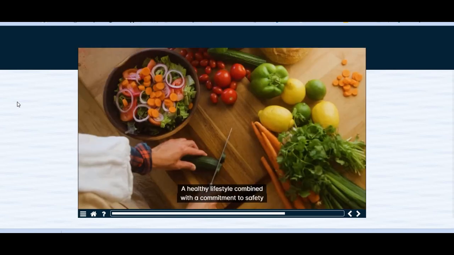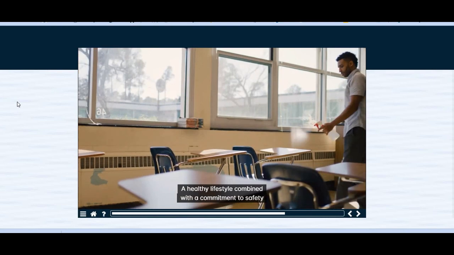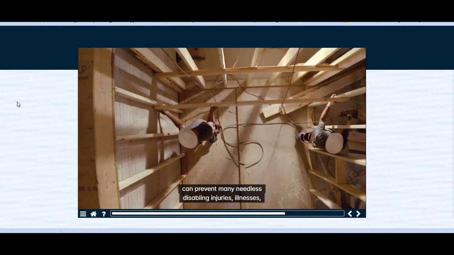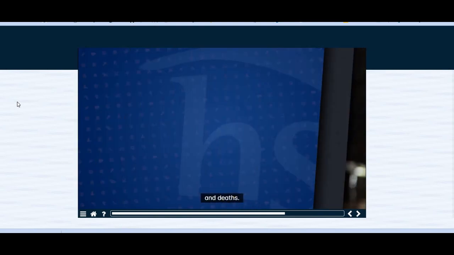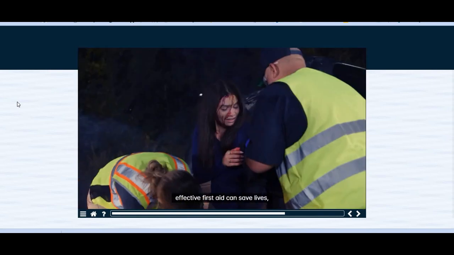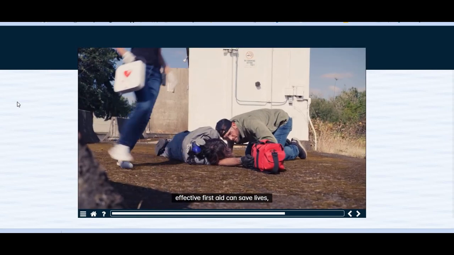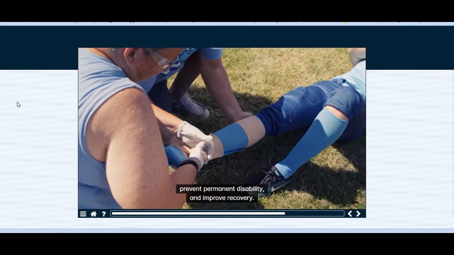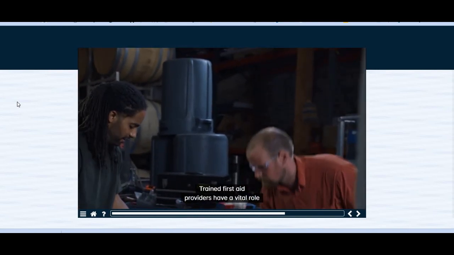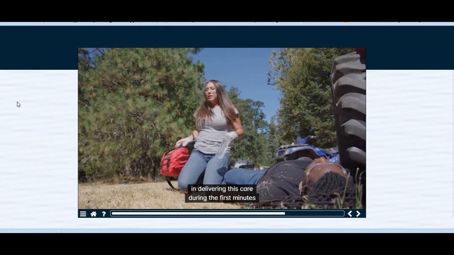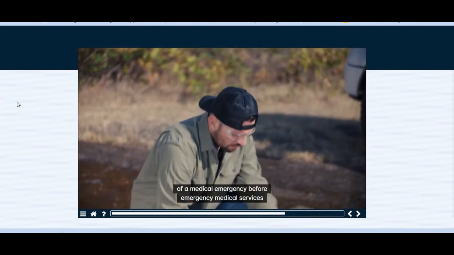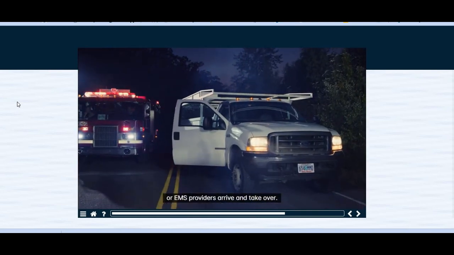A healthy lifestyle, combined with a commitment to safety at work, home, and play, can prevent many needless disabling injuries, illnesses, and deaths. However, once an injury or sudden illness has occurred, effective first aid can save lives, prevent permanent disability, and improve recovery. Trained first aid providers have a vital role in delivering this care during the first minutes of a medical emergency, before emergency medical services or EMS providers arrive and take over.